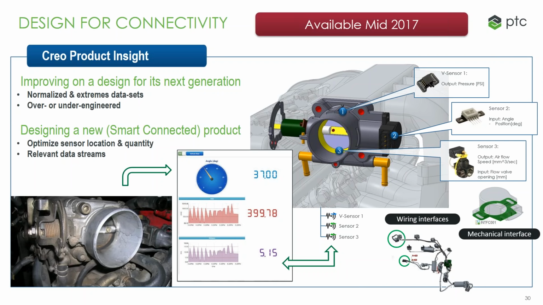It will enable you to connect those sensors through ThingWorx to actual sensors in the field, allowing you to reproduce your product's behavior inside your CAD system, allowing you to then analyze your model based upon real-world scenarios, allowing you to optimize your model.